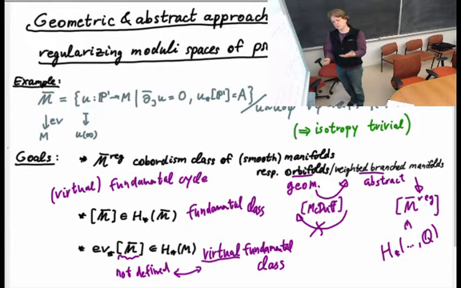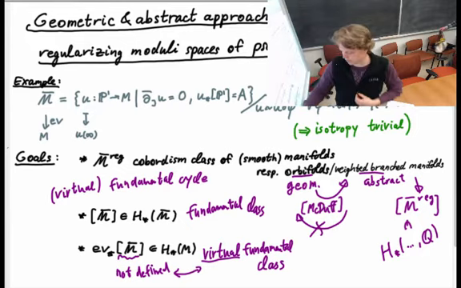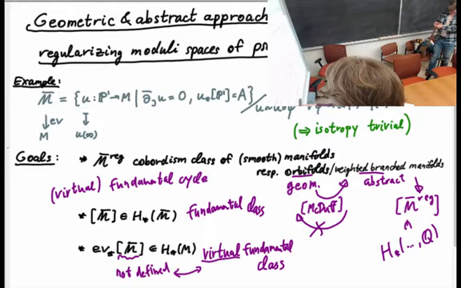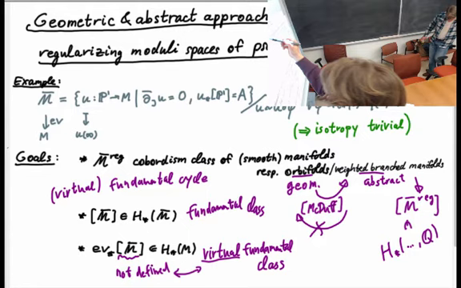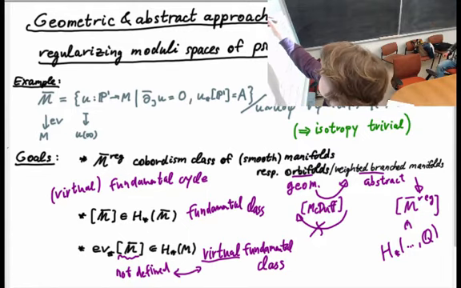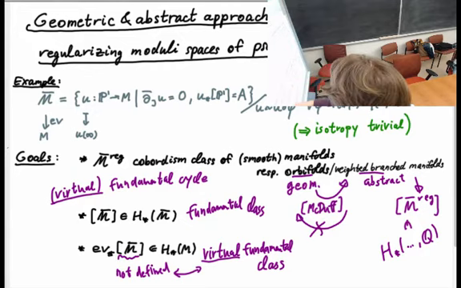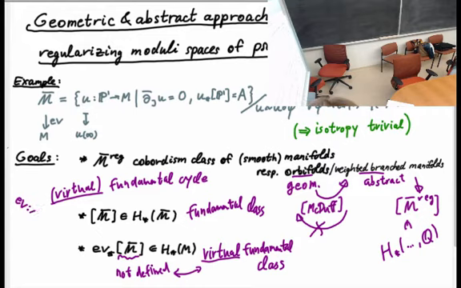In the same sense, you might want to talk about a virtual cobordism class, if you're not talking about the cobordism class of these manifolds, but about the cobordism class of these cycles, right?